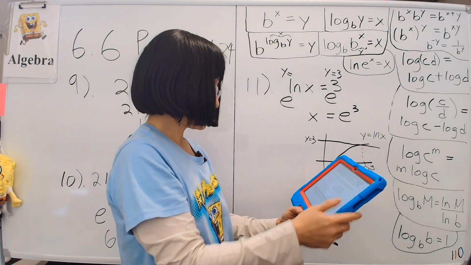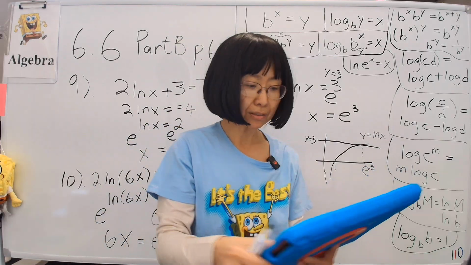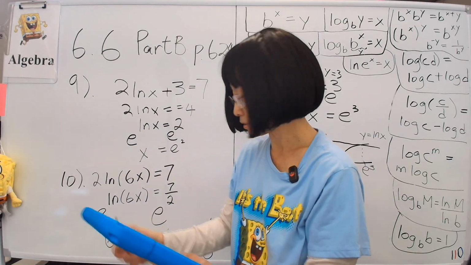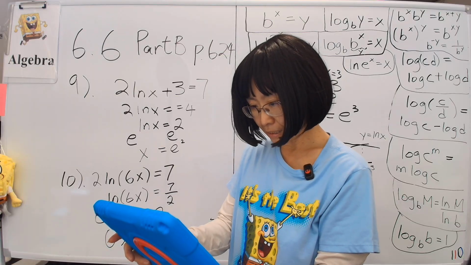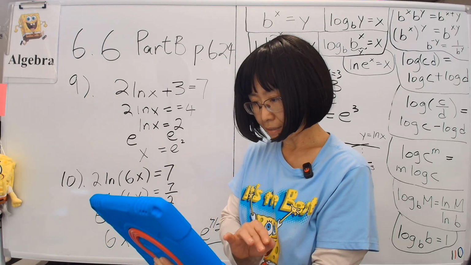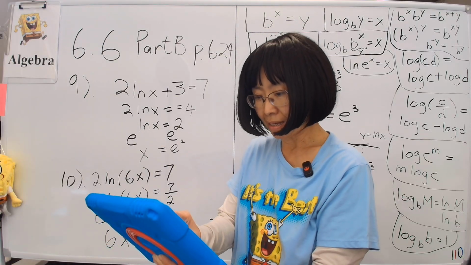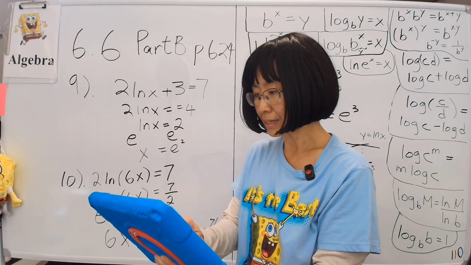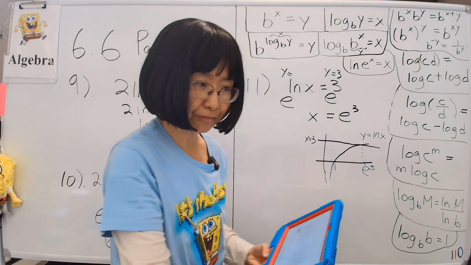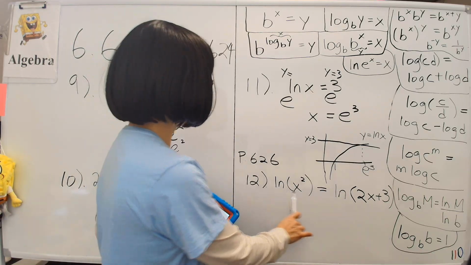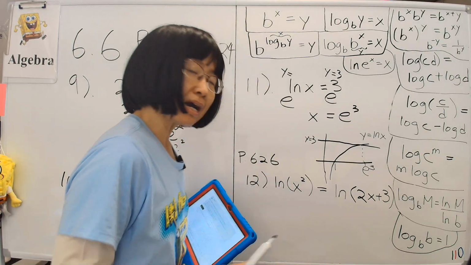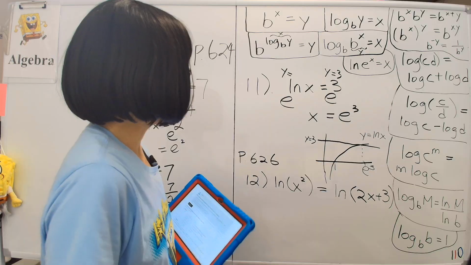The next point is something called the one-to-one property of the natural log. Let's look at the following page and look at example 12. We are supposed to solve this problem. Your book also mentions something about one-to-one.